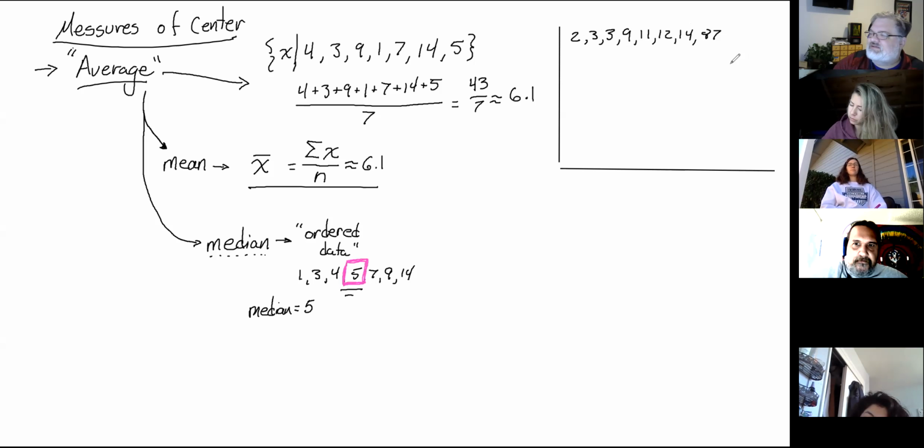So if we tried to take the data point in the middle, well, 1, 2, 3, there isn't a middle. The middle is these two. And I don't want my median to be two different numbers. I want a single value for that median. So what are we going to do with those two numbers to try to get a center between them? Well, 9 and 11 is actually pretty handy.